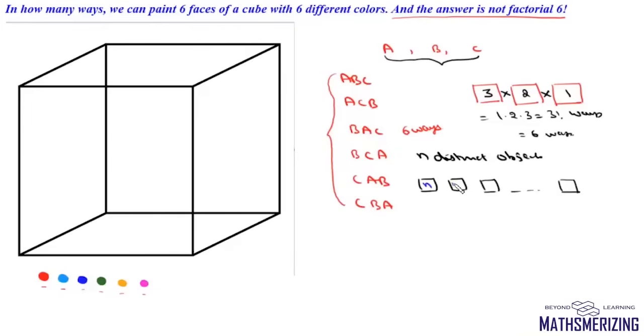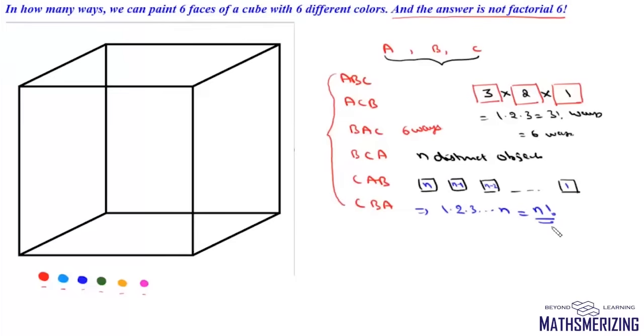For the second one, we'll have n minus 1 choices, then n minus 2 choices, and then simply it'll be 3, 2 and 1. So total number of choices will be 1 into 2 into 3 up to n. So it'll simply be factorial n choices. So the total number of ways of arranging n distinct objects in a line is factorial n.